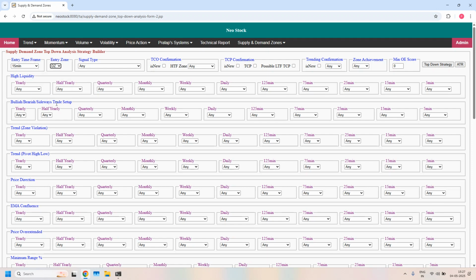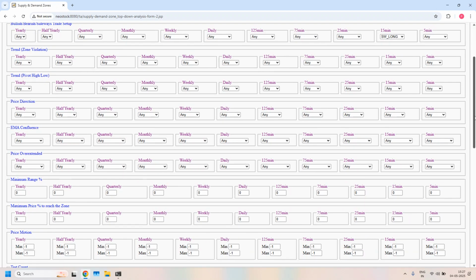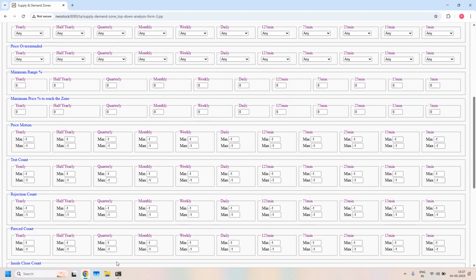In bullish or bearish or sideways trade setup, at 15 minutes time frame, I am selecting sideways long trade setup, and the zone achievement should be violated opposing zone. Minimum odd enhancer for sideways trade setup 11, and the 15 minutes demand zone should not be pierced. So in the pierced count at 15 minutes time frame, setting minimum value 0, maximum value 0.